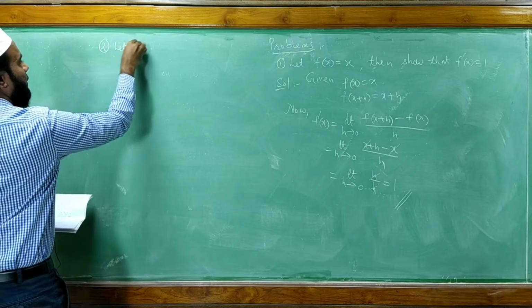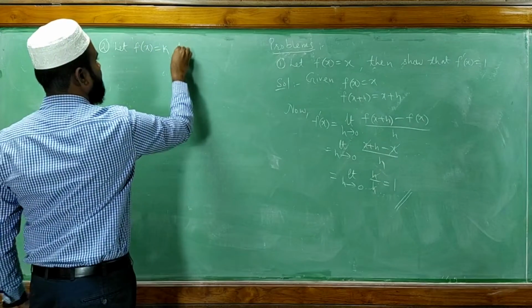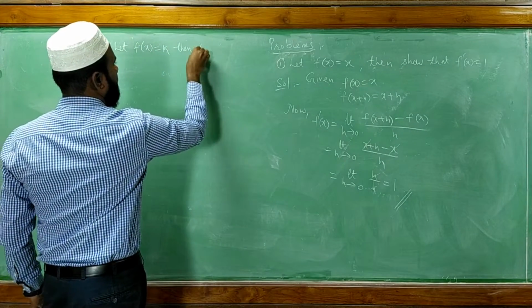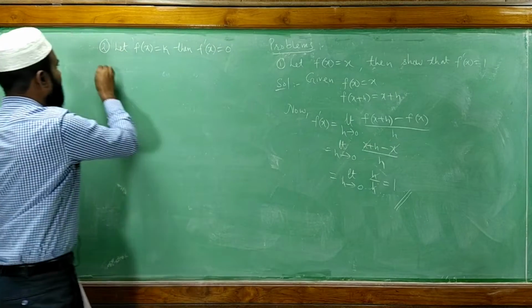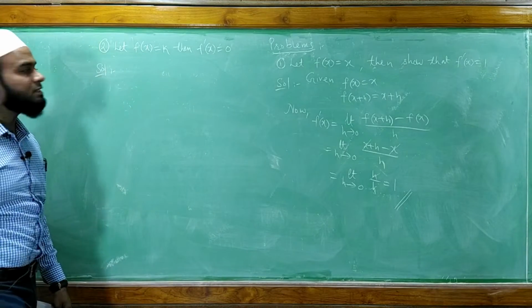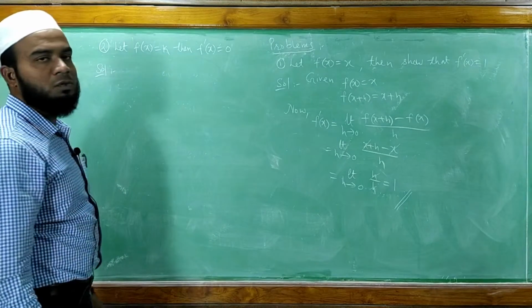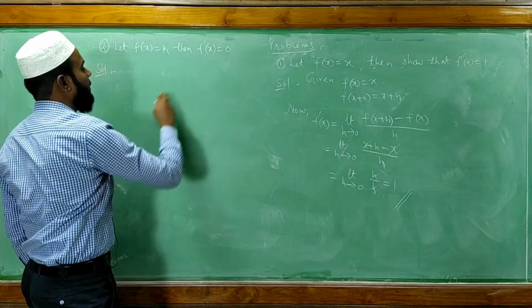Let f of x equals k, then f dash of x is 0. What is given? f of x equals k, that is a constant. Then we have to show that the derivative of that constant is 0.